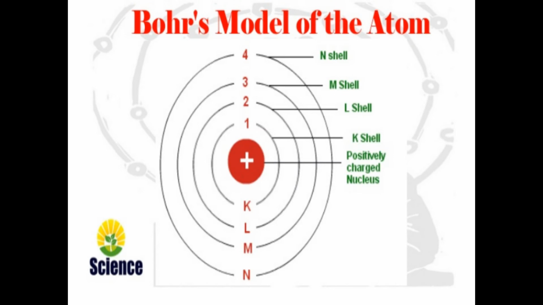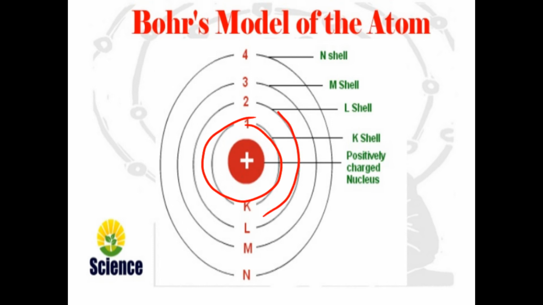So when we see the orbits of Bohr's atom, they are similar to the orbits on which the planets are moving around the sun. The first orbit around the nucleus is named the K shell. The electrons which revolve in the K shell have the minimum energy.